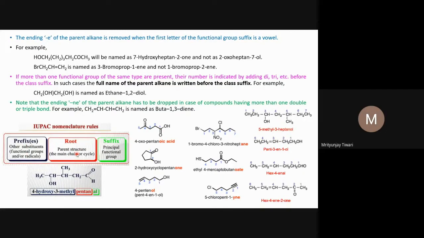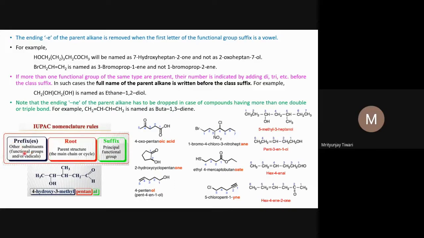The root is the name of the parent chain, and the suffix represents the principal functional group. The substituents may contain alkyl branches, and they may also contain subordinate functional groups, I mean the functional groups which are less reactive in a given polyfunctional compound.